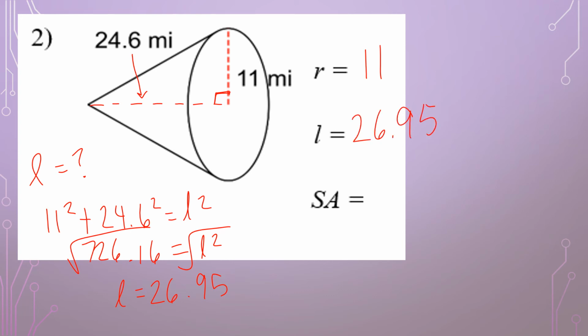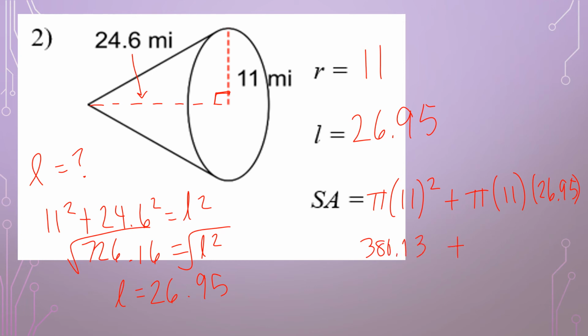Okay, so the surface area then, we're going to plug that in. So we have pi times 11 squared plus pi times 11 times 26.95. Then I'll plug this in my calculator. So pi times 11 squared is 380.13.